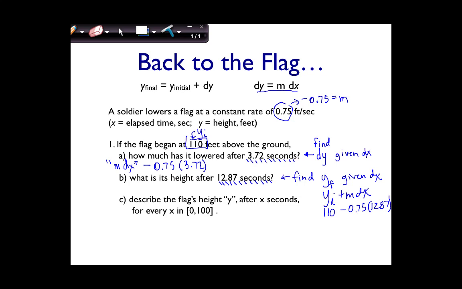But if I want to describe the flag's height Y after X seconds have passed, if X is somewhere between 0 and 100, I'm looking for the height after time has passed. So this is a Y final again, just a less specific Y final than the last time.